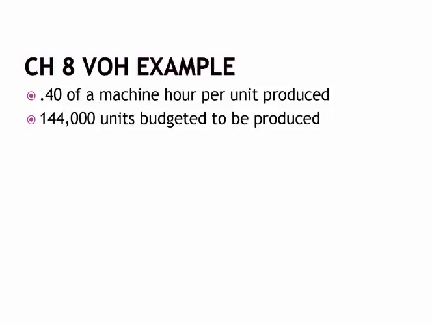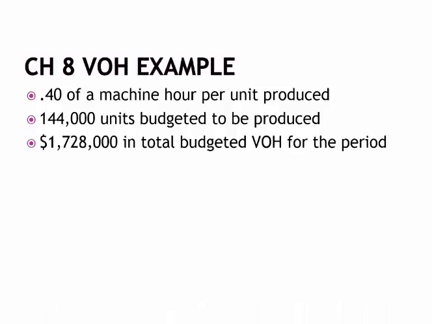They plan to produce and sell 144,000 units during the period. Based on all of their estimates, their total variable overhead for the period is expected to be $1,728,000.